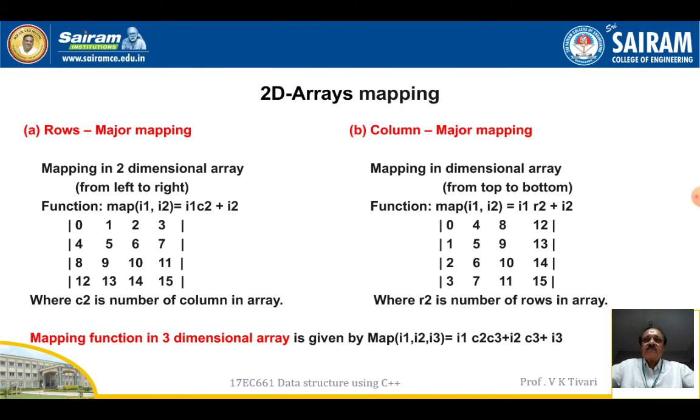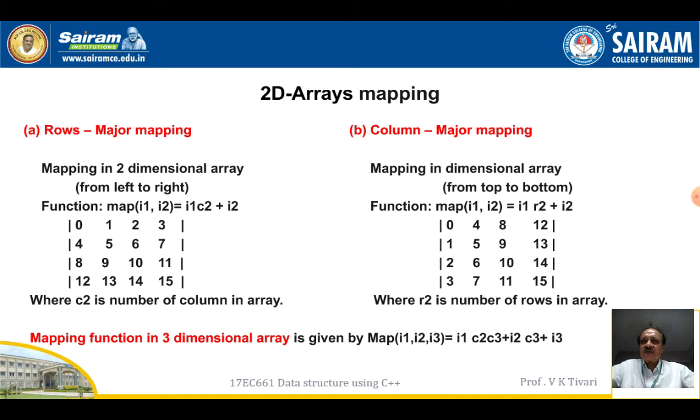Next topic is two-dimensional array mapping. There are two types of mapping: row major mapping and column major mapping. In row major mapping, we are always going from left to right.